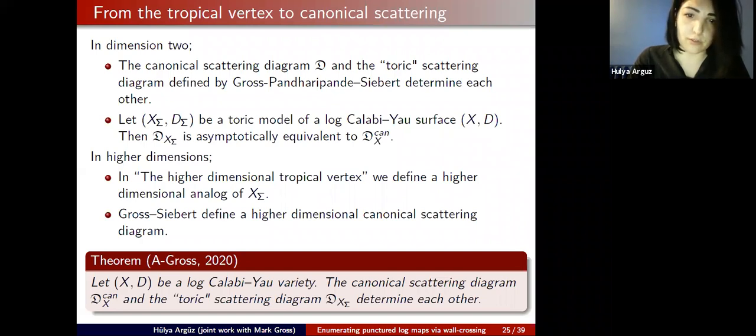And we show that you can define a higher dimensional canonical scattering diagram, and these two determine each other. And in particular, we show that by doing this, we can algorithmically compute log Gromov-Witten invariants.